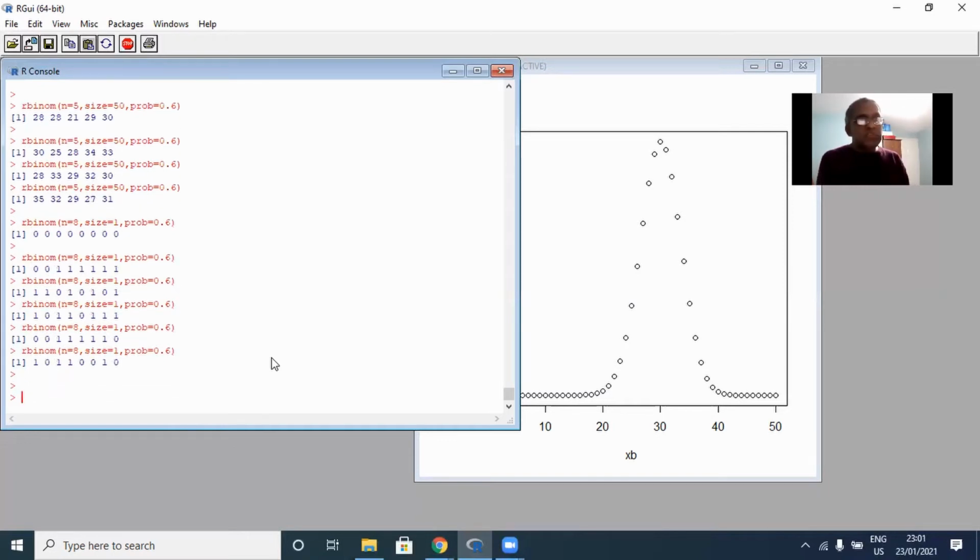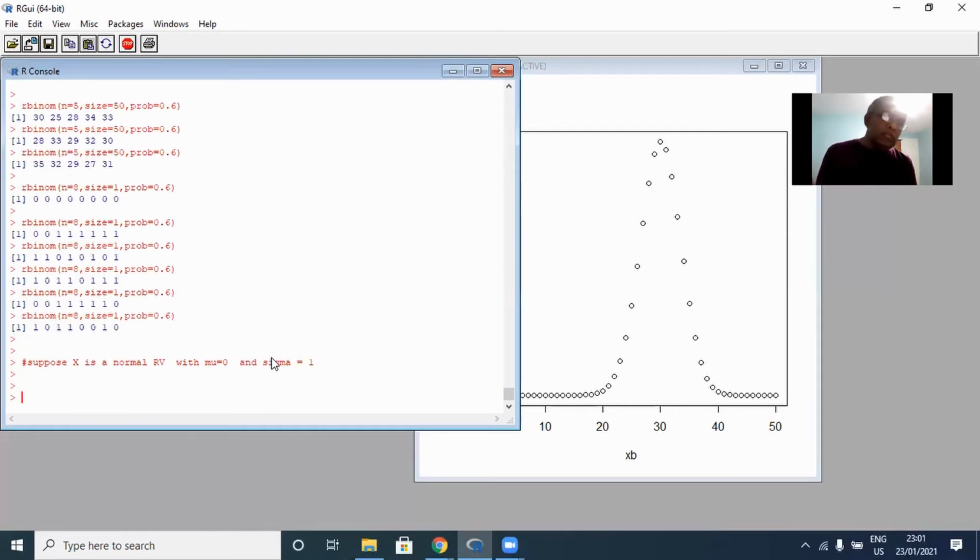Now, so far we talked about the binomial. Next, let's talk about the normal distribution, which is one of the most popular. Suppose X is a normal random variable with mu, the mean parameter, equal to 0, and sigma, the standard deviation parameter, equal to 1.